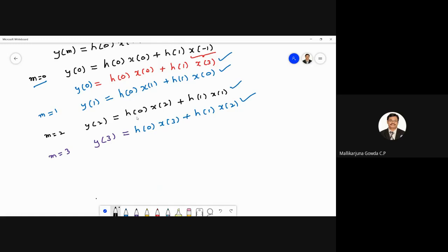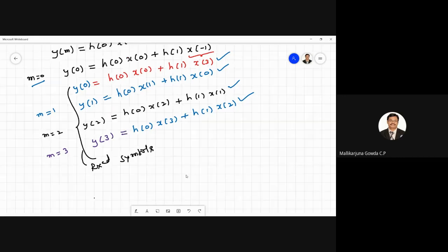These are all y of 0, y of 1, y of 2, y of 3. These are all the received symbols. Looking at this expression, I don't know how many of you are able to say that there is a circular convolution in it.